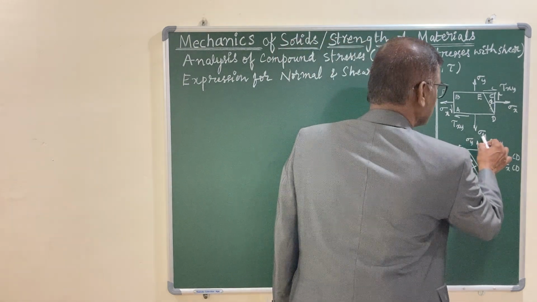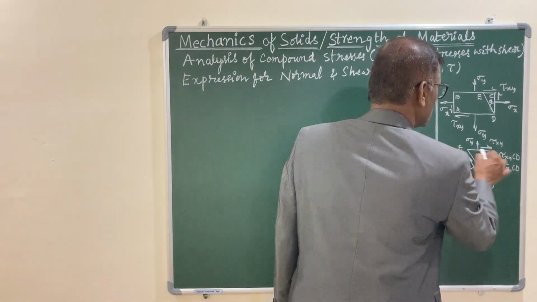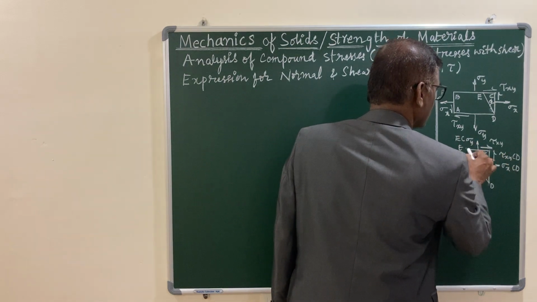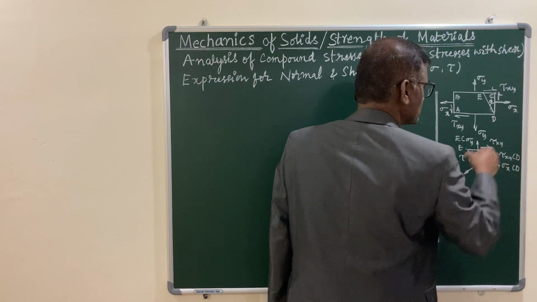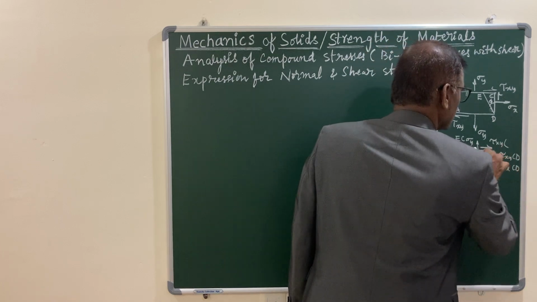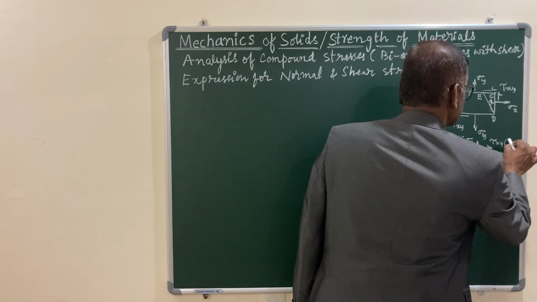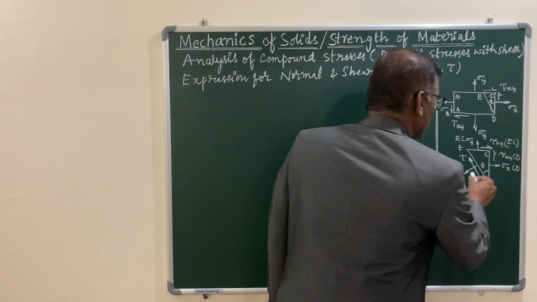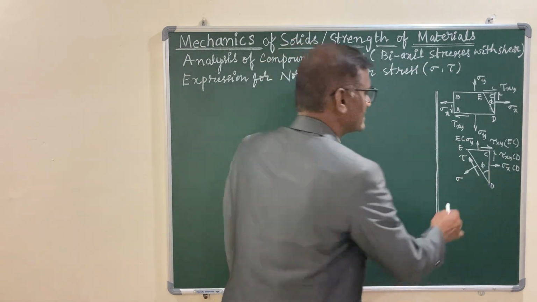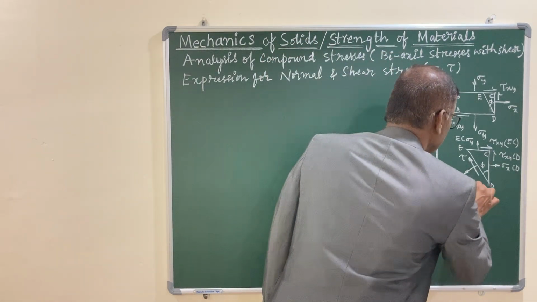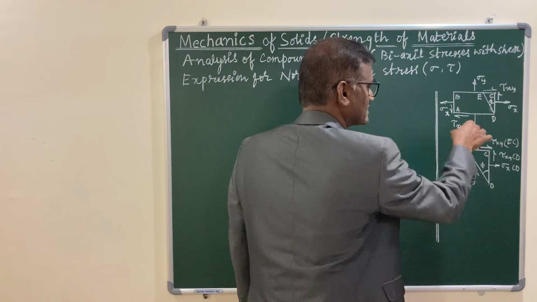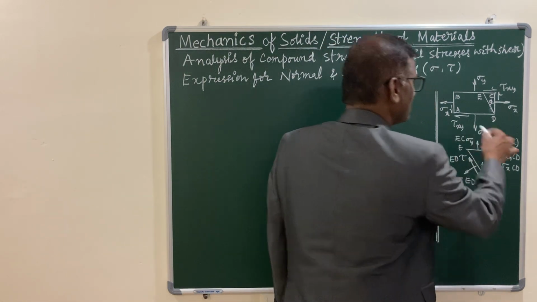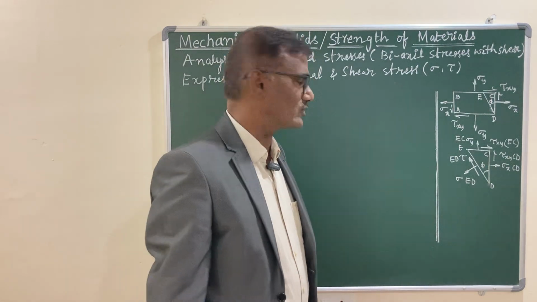Similarly, sigma y, which is acting vertically upwards, is multiplied with EC. The length is EC and the thickness is 1 unit. Similarly, the horizontal shear force is tau xy multiplied with EC. Where you have this inclined face, it is sigma into ED, ED is the length and the thickness is unit, and tau also, multiplied with ED, is converted into forces.